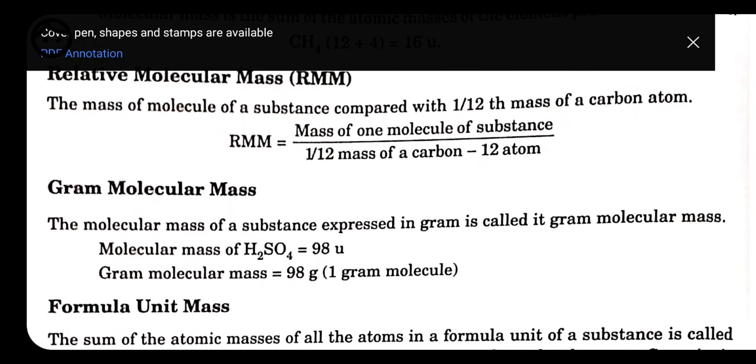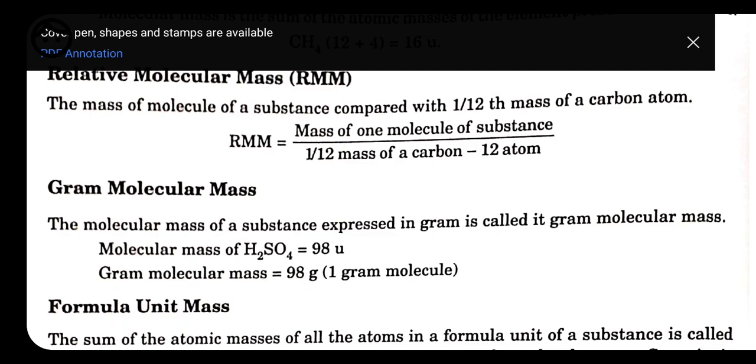Next we have gram molecular mass. Here again we only need to convert the unit into gram, like the molecular mass of H2SO4. How do we calculate the molecular mass of H2SO4? The mass of hydrogen is 1, but here we have 2 atoms of hydrogen, so 2 multiplied by 1 is 2.